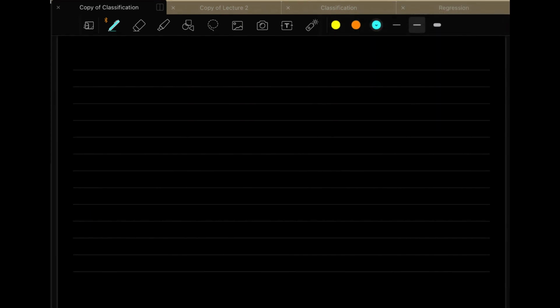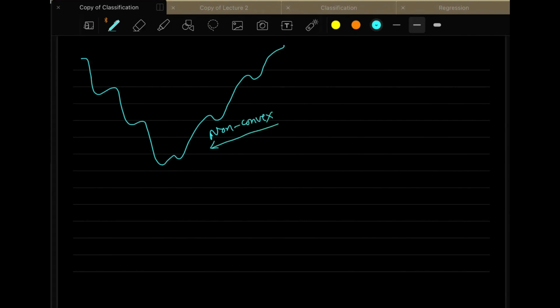Let us say you have a function which looks like this. You understand? If you have something like this, then this type of function is non-convex. I'm not going into the mathematical details of it, because you will get confused. Otherwise, I could have given you a mathematical justification.